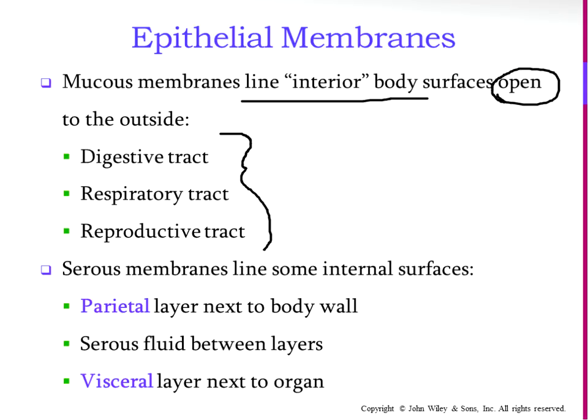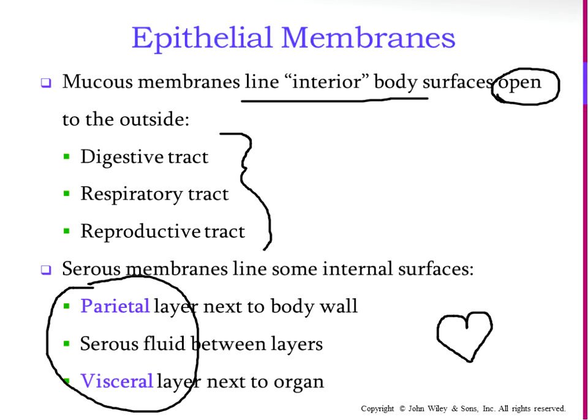This here is the main reason I wanted to do this narration. Parietal and visceral layers. We talked about it a little bit in chapter 1, but here we are talking about it again. Let's take your heart, for example. This is not anatomically correct; your heart doesn't really look like that. But your heart has a membrane around it called the pericardium.